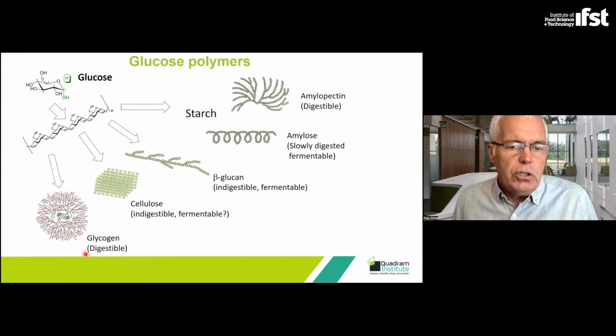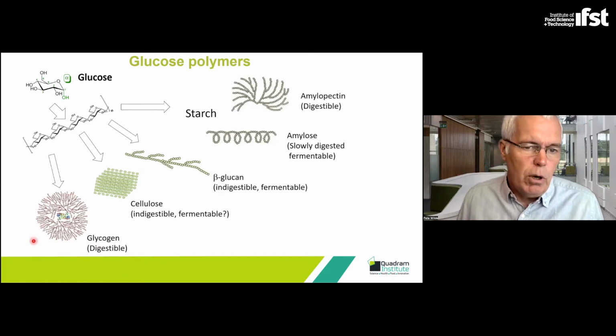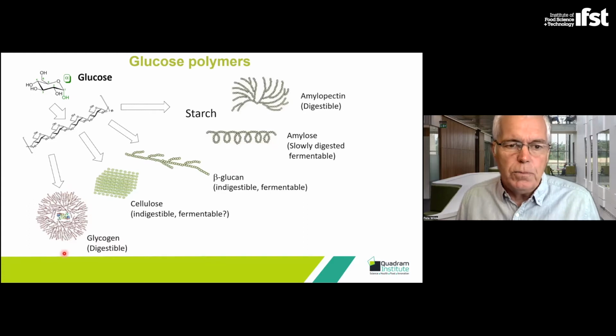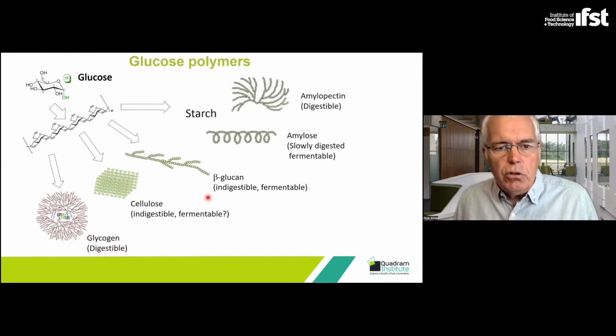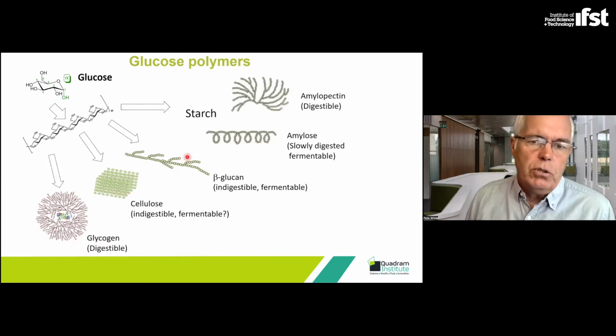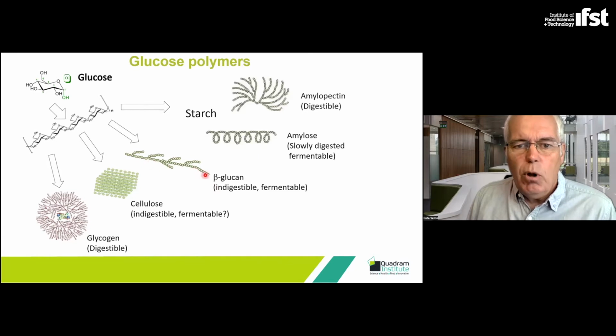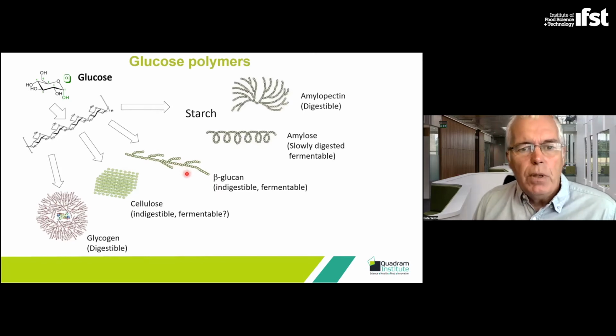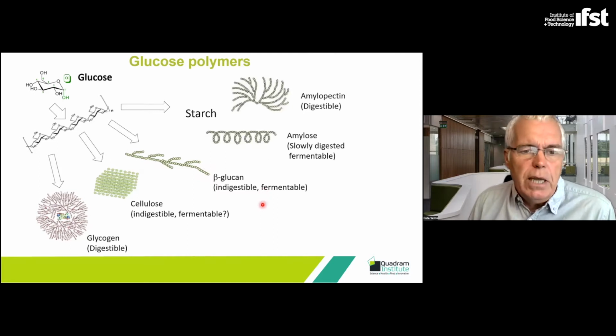The animal version of starch is glycogen, which is again a heavily branched glucose polymer, and that is readily digestible. And then the non-digestible forms of glucose include soluble fibers like beta-glucan, which again is a linear polymer with some branching, but the molecular links between the individual glucose monomers render it indigestible by our intrinsic enzymes, but it's fermentable by the microbiota because of the cocktail of enzymes that they possess.